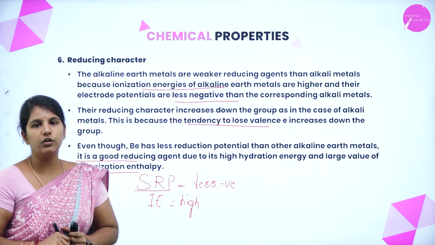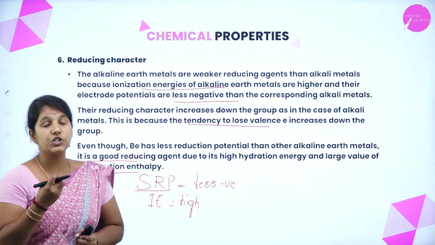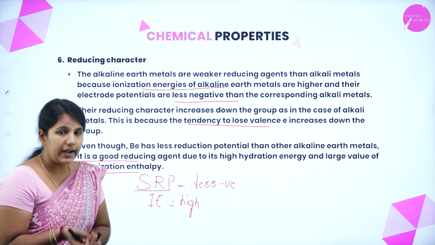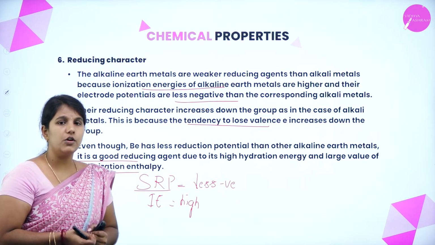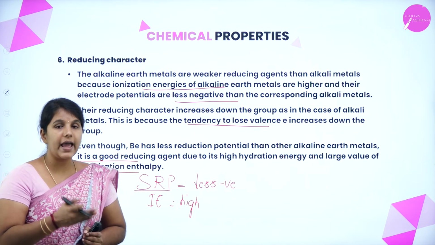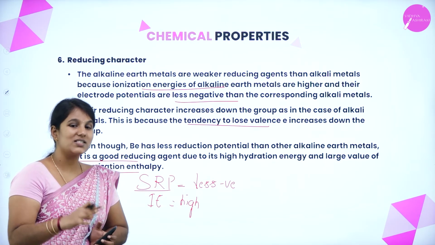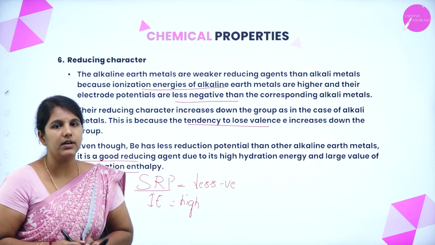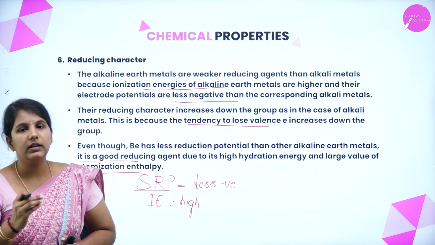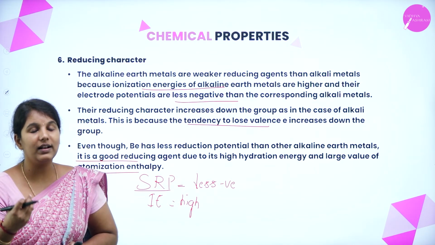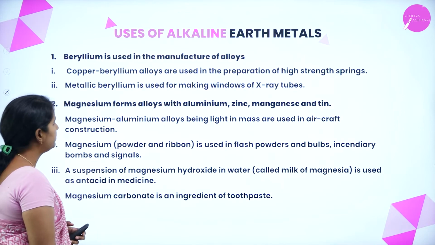This is how, because of the ionization enthalpy and high hydration energy, and also because alkaline earth metals have a less negative standard reduction potential as compared with the alkali metals, they act as weaker reducing agents.